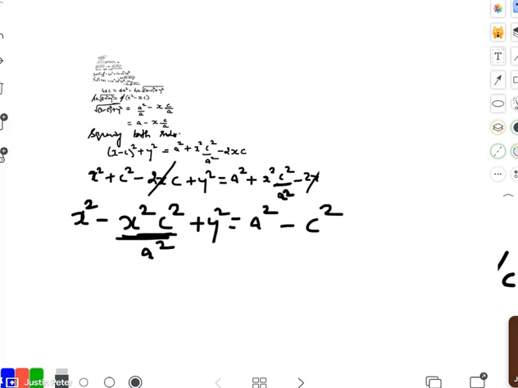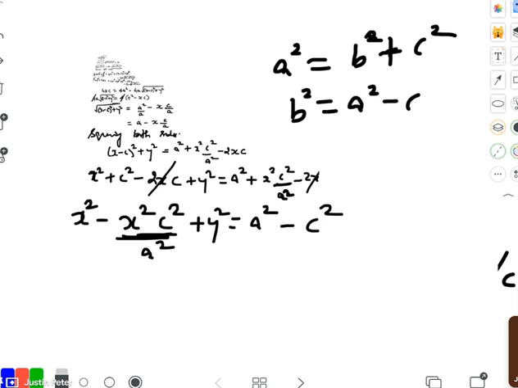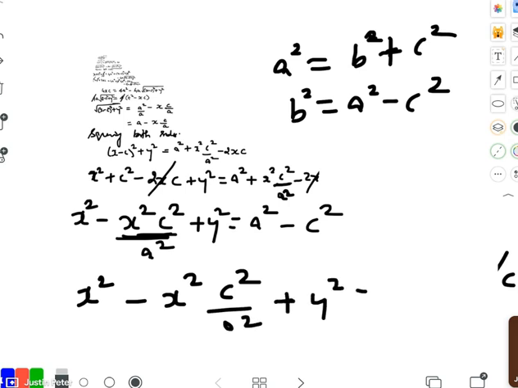So what is a square? b square plus c square. So your a square minus c square will be b square. So x square minus x square c square by a square plus y square equals b square.